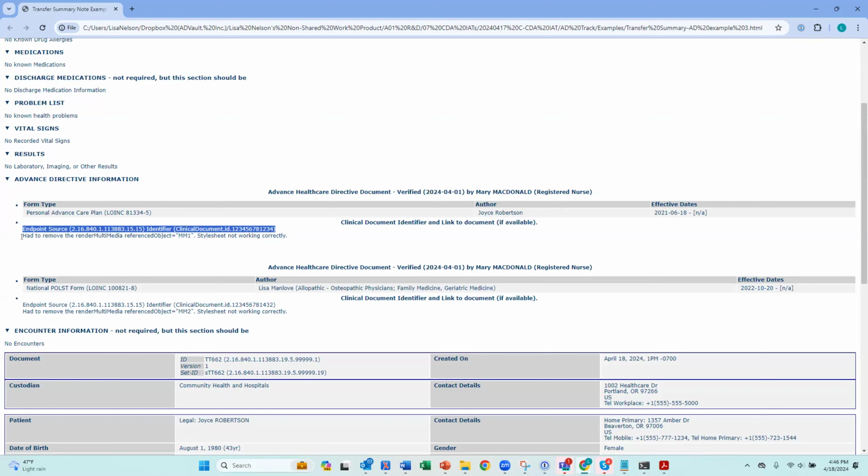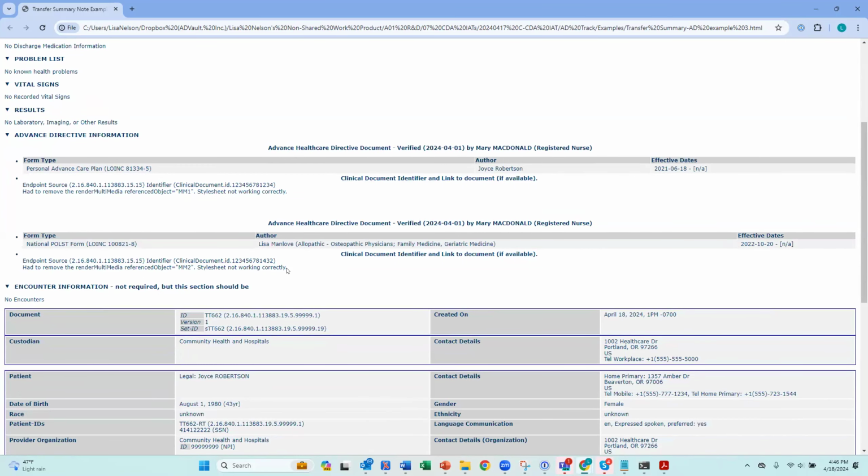And then this is another document, so you can easily see there's another one. They've also got a POLST, authored by Lisa Manlove, who's an allopathic osteopathic physician in family medicine and geriatric medicine. And that was done on October 20th, 2022. Again, information that points to where you pick up that document if you needed to go look at it.